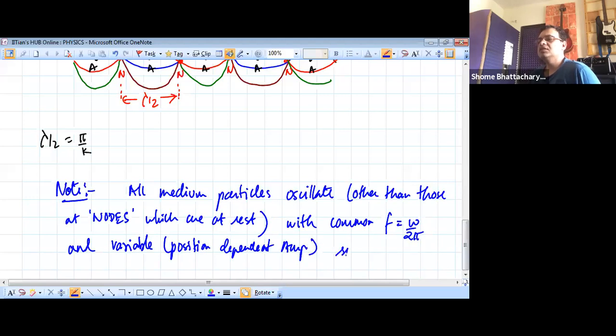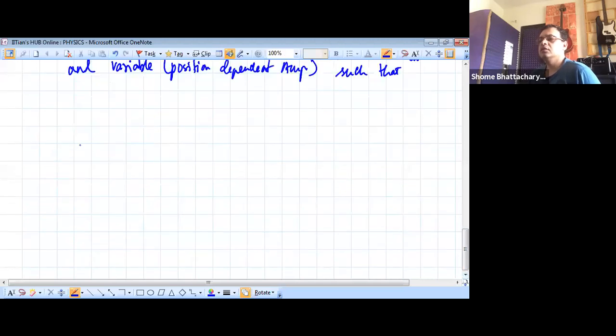But if you're talking about the phase of oscillation, look at the portion of the string between two consecutive nodes. All the particles between these two will be evolving with time like this. At a particular instant of time, all these particles will be here, for example.